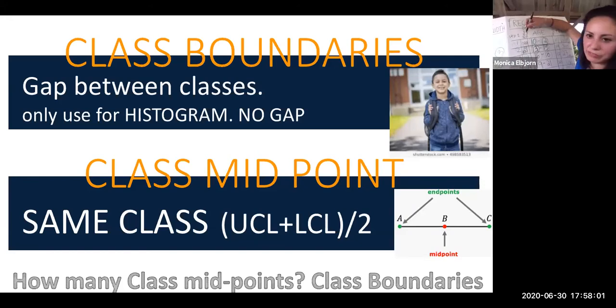The relative frequency, what we did in order to get this one, we divided the frequency by our n, which was 69.